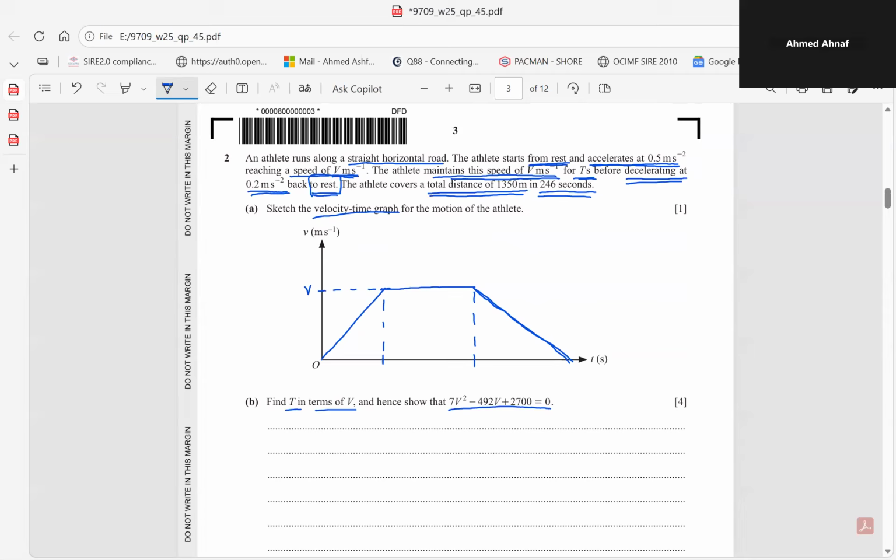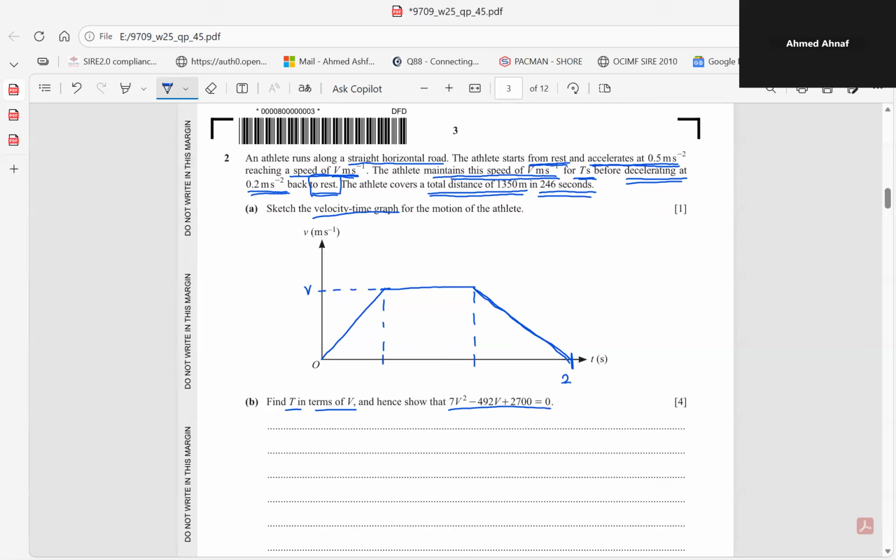One thing you must know is that the area under the graph for a VT graph is equal to the total distance traveled. So we can use that. First we need to know all these dimensions, like the vertical height, as well as the length of the two parallel sides.